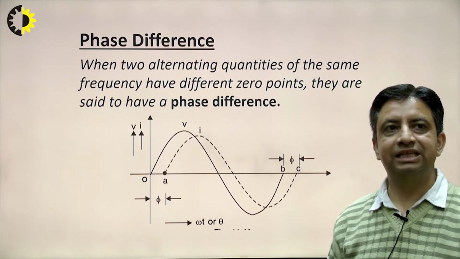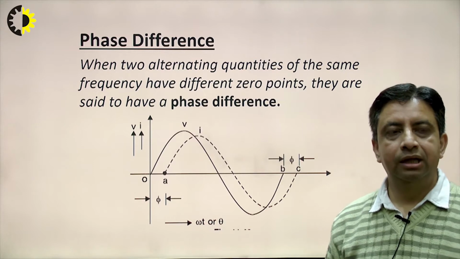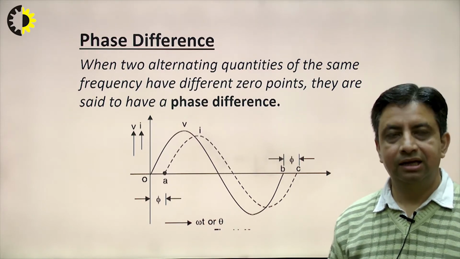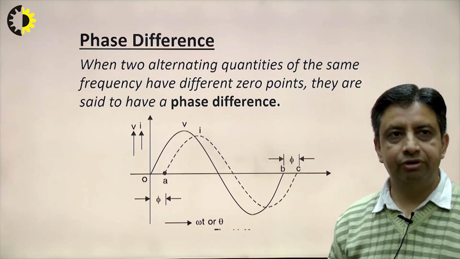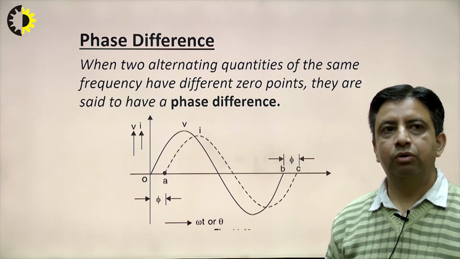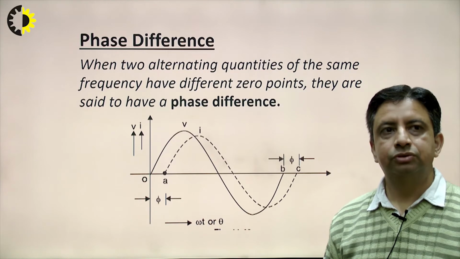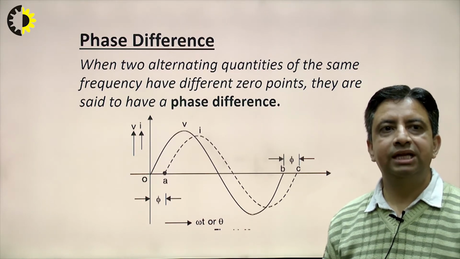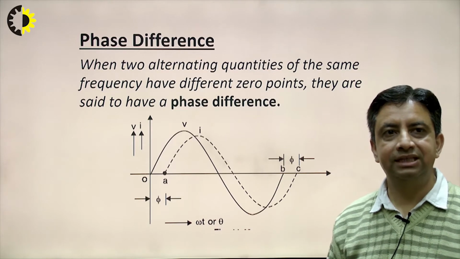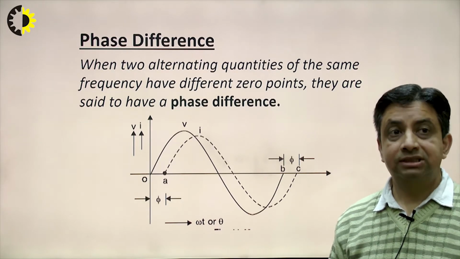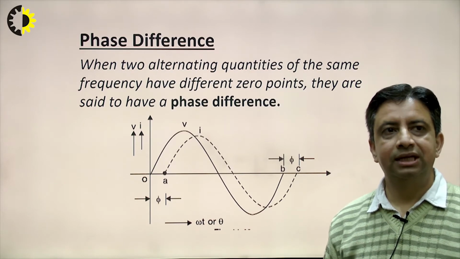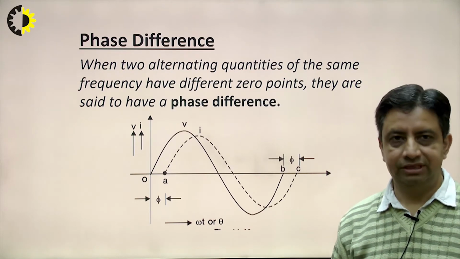This word same frequency is very important, because if you have two quantities, suppose voltage and current, but they have different frequencies, then we cannot find out the phase difference. So when two alternating quantities, suppose one voltage and second current, as you can see in the figure, of the same frequency have different 0 crossing points, then they are said to have a phase difference.